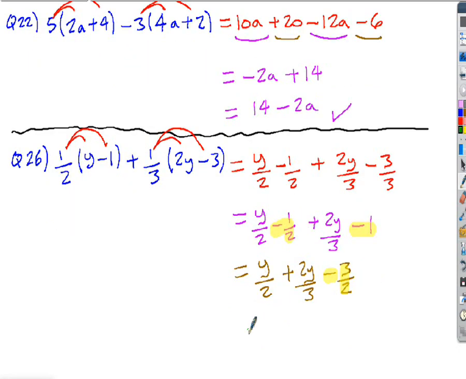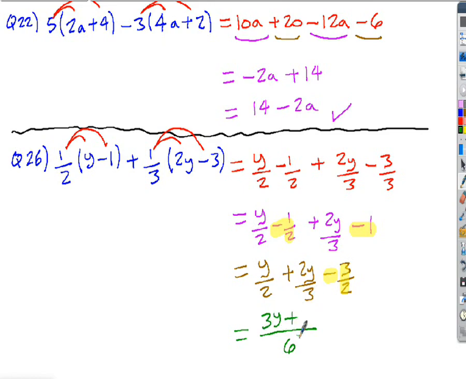I'm now going to use fractions to bring these two like terms together. Now, the common denominator for 2 and 3 is 6, so I can write them both over 6. How many times does 2 divide into 6? It divides 3 times, so I multiply the y by 3, so that's 3y. I'm adding to that.